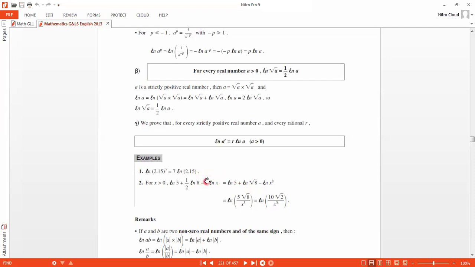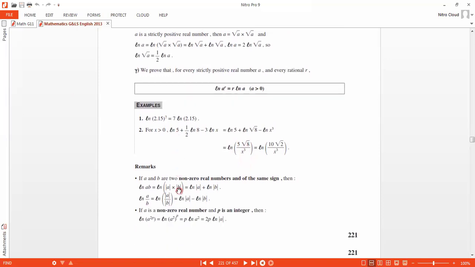I told you you can use the property in both ways. So you can use ln A^r equals r ln A, and you can use r ln A is ln A^r. So 3 ln x is ln x to the power 3, and for those two, it's the product rule. So I have 5 radical 8. And since I have minus, this is the quotient rule. So ln of 5 radical 8 over x to the power 3.